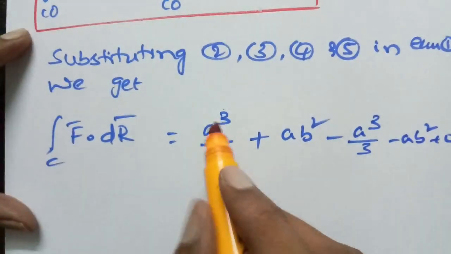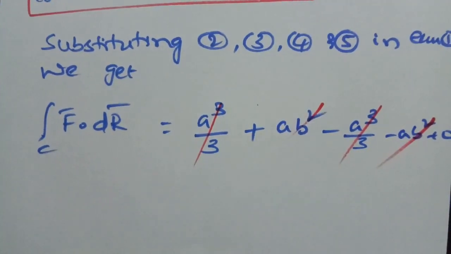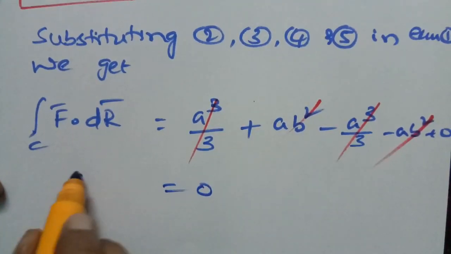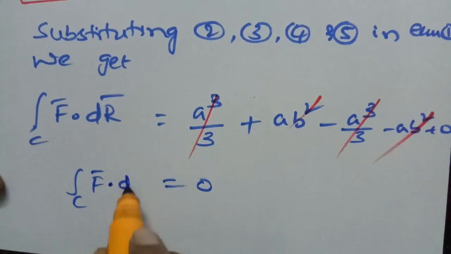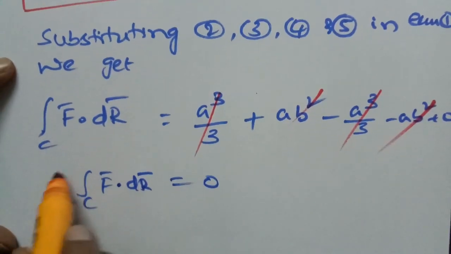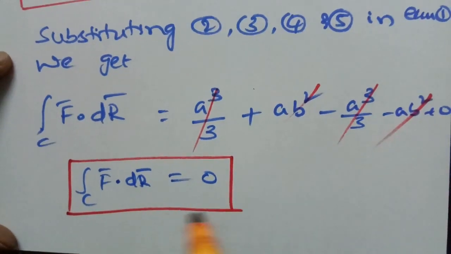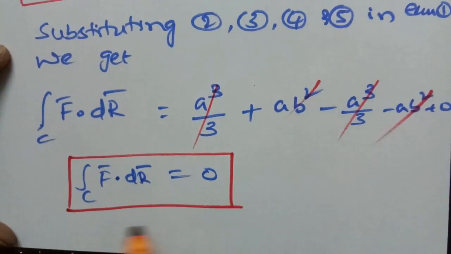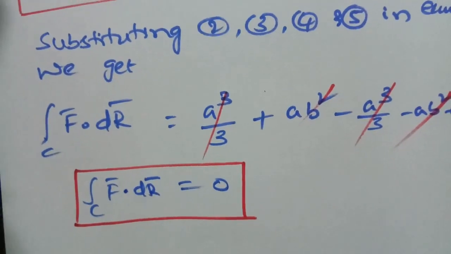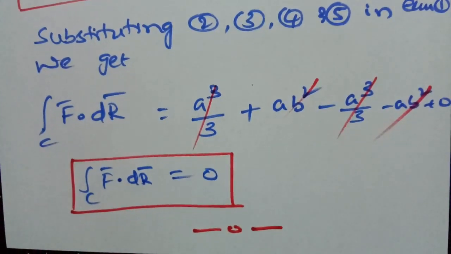Therefore, a cube by 3 and a cube by 3 cancel, and ab square and ab square cancel. Therefore, this integration value is equal to 0. So the integral over C, where C is the rectangle bounded by the lines y equal to 0, x is equal to a, y is equal to b, and x is equal to 0, is the integral over C of f bar dot dr bar equal to 0.